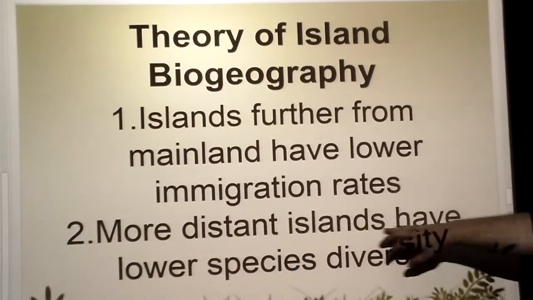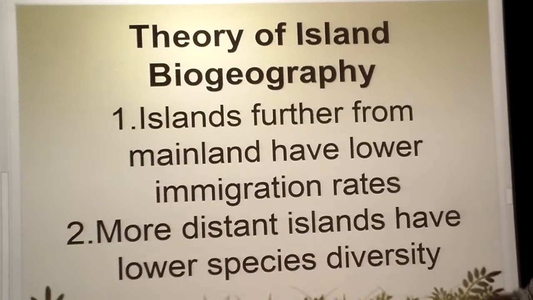Okay? And of course, the further away the islands are, there's going to be a lower species diversity. They don't have the same exposure that you have when you have islands that are closer. So if you're looking at something like Catalina Island, for example, it's a fairly close island. You're going to have a lot of species there. Although as humans, we've also impacted that.